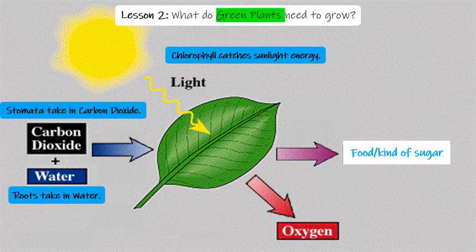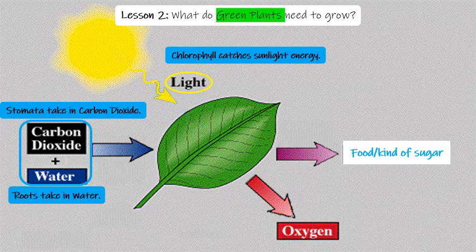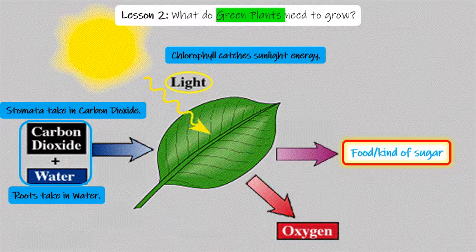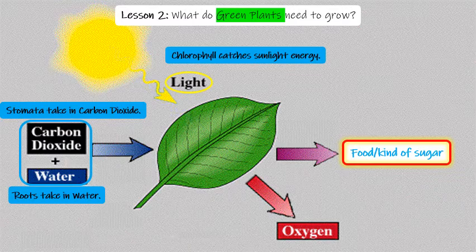Okay? This energy is used to mix carbon dioxide and water together. When the plant uses this energy to mix carbon dioxide and water together, it makes food which is a kind of sugar. Okay?